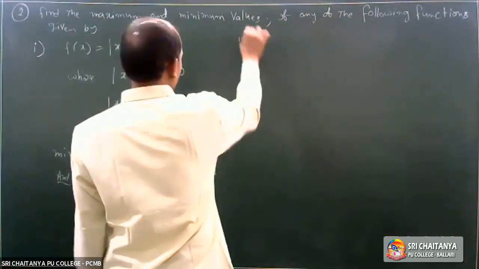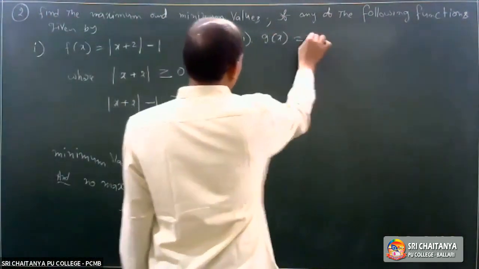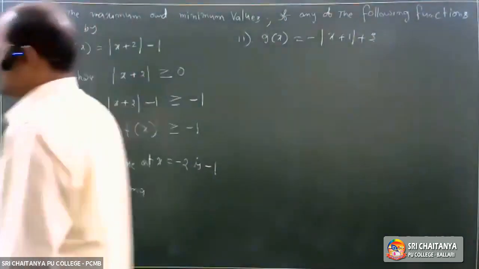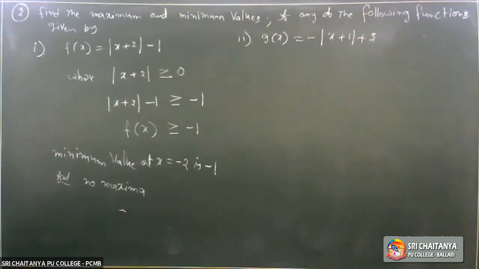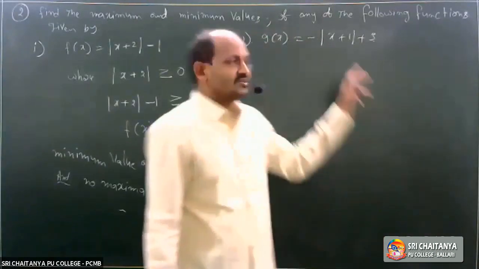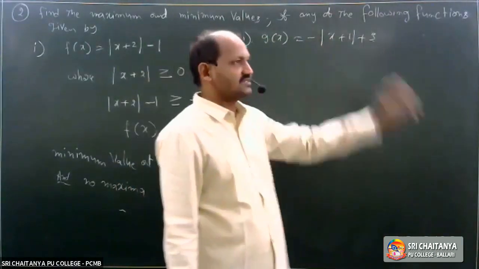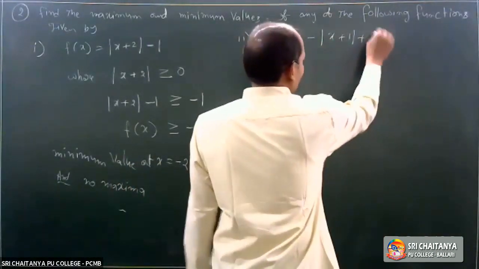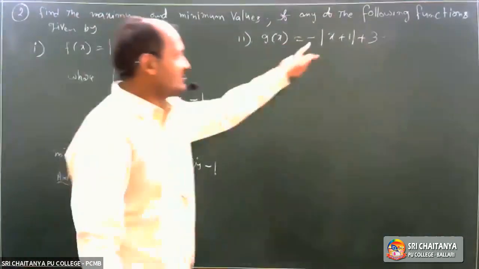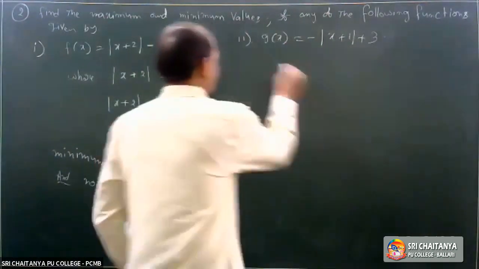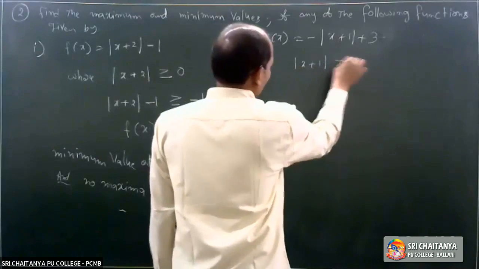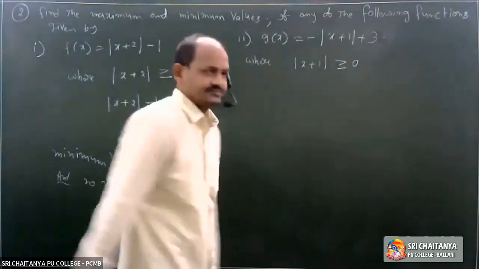g of x is equal to minus of modulus of x plus 1, plus 3. It is a minus of mod x plus 1, where mod x plus 1 is greater than or equal to 0.